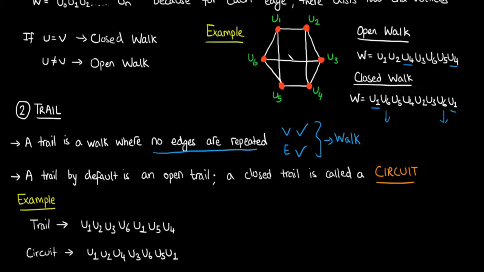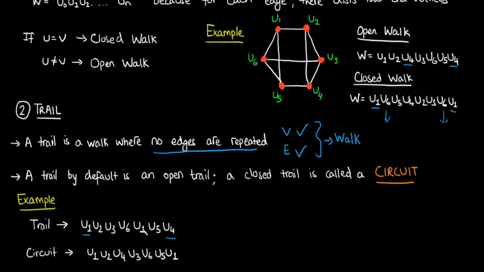Let's take the same graph as shown above, and illustrate a trail. A possible trail could be U1 to U2 to U3 to U6 to U1 to U5 to U4. You can see that this is an open trail, as the starting vertex and ending vertex aren't the same.